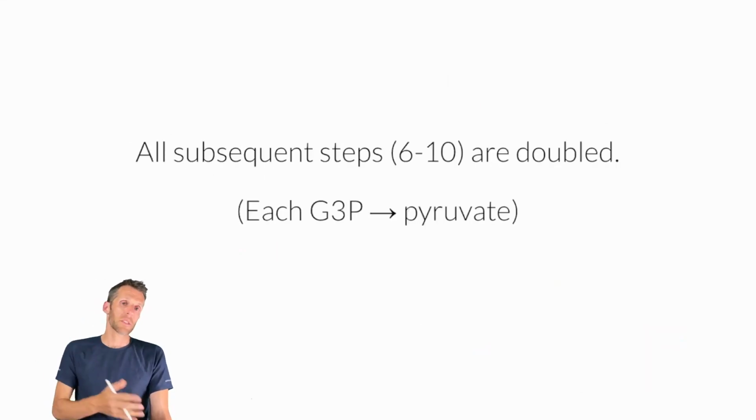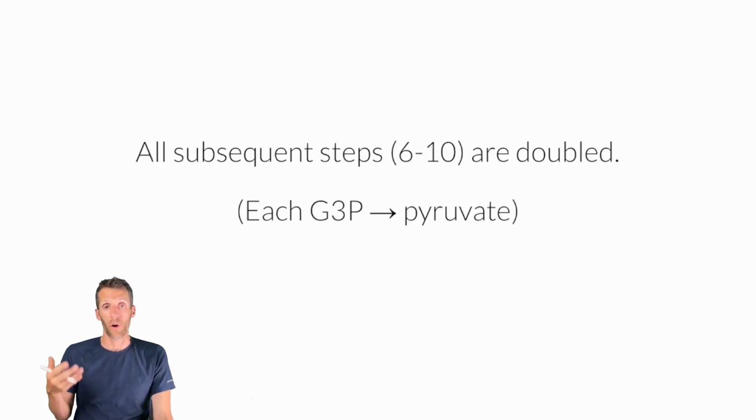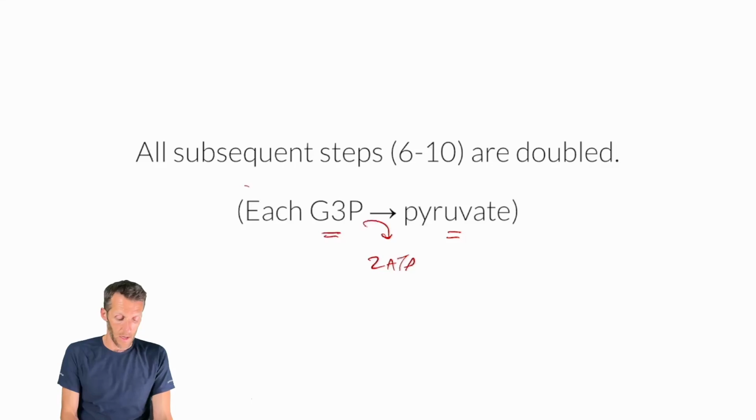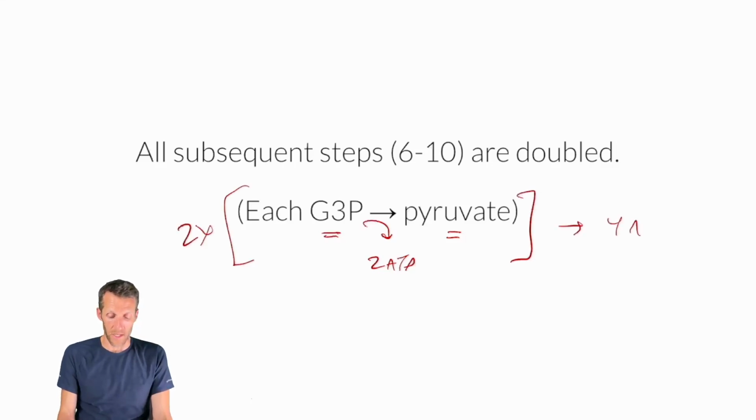So what this means is stoichiometrically all subsequent steps 6 through 10 are doubled. Each of the G3Ps, and we made 2 of them, is going to turn into pyruvate, which means that we're going to generate 2 ATPs per G3P. So each of these is going to spit out 2 ATPs, and since there's 2 of them, we're going to get 4 ATPs out.